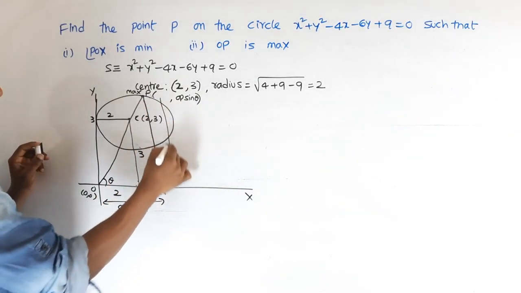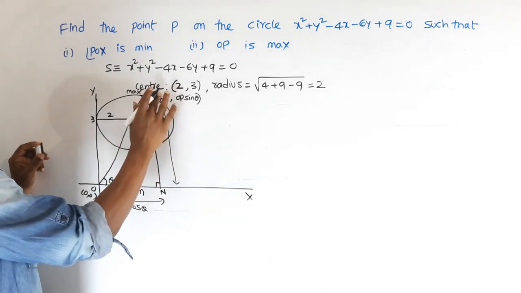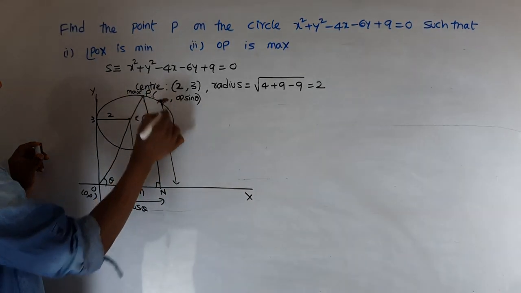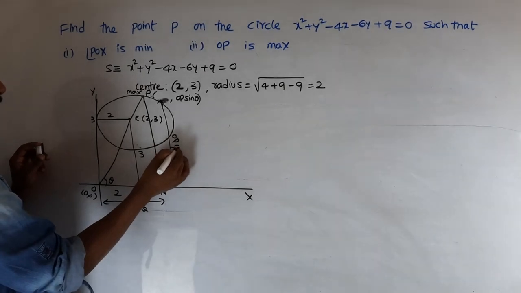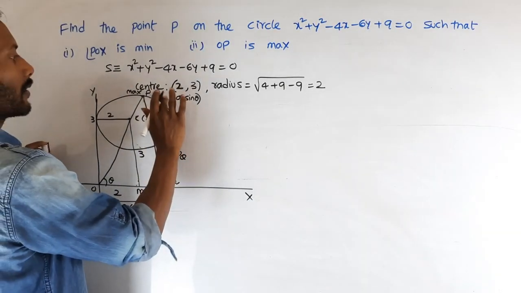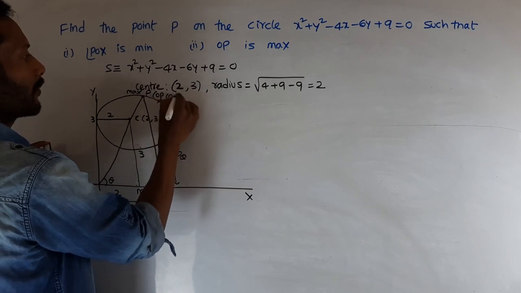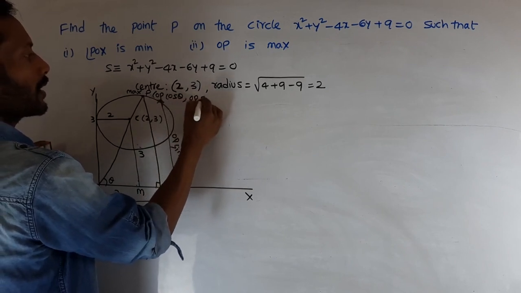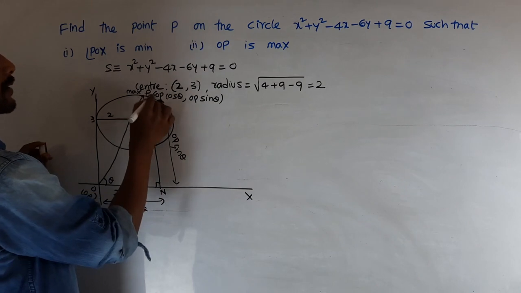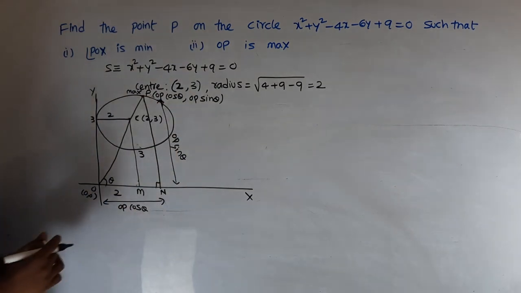And this length is OP sin theta. So OP cos theta, comma OP sin theta is the point P.